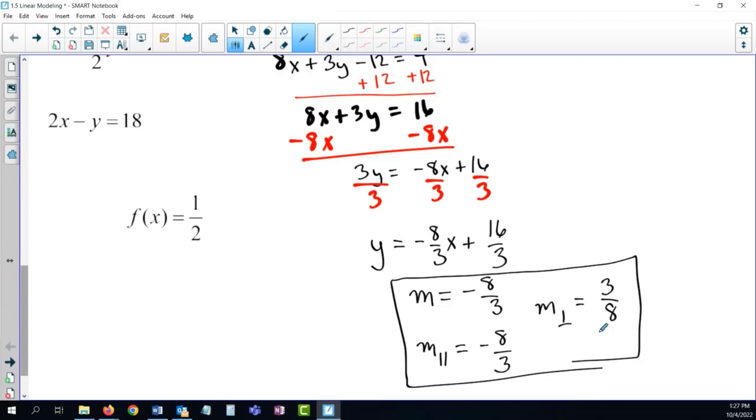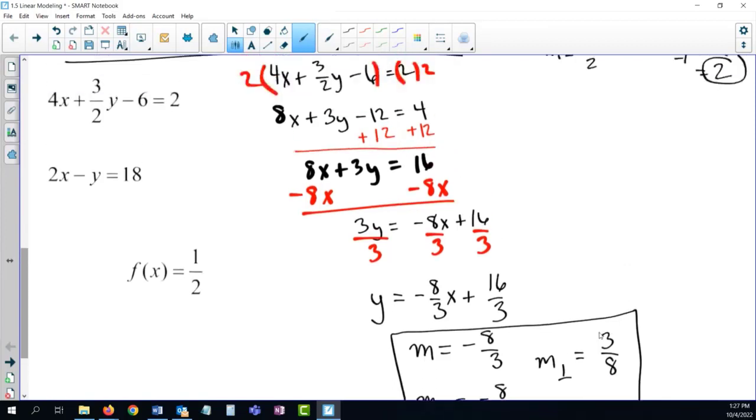We've done that before. The new stuff is just what's in the box. Parallel lines must have the same slope. Perpendicular lines must have opposite reciprocals. Okay, so that's enough of me talking. That's our answer for the second one. You take the last two, come up with what you got, and then tell me your answers.